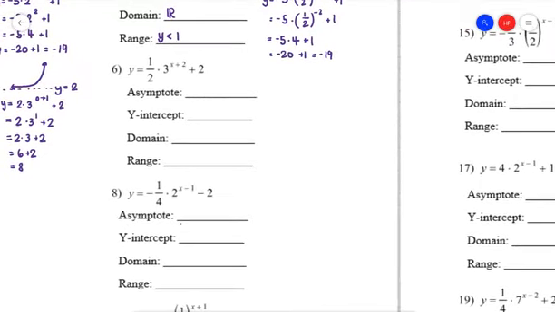Number 6, my parent function is y equals 3 to the x, which again is a growth. And we don't have a negative in front, so our function will still be a growth. But we do move that asymptote up 2.